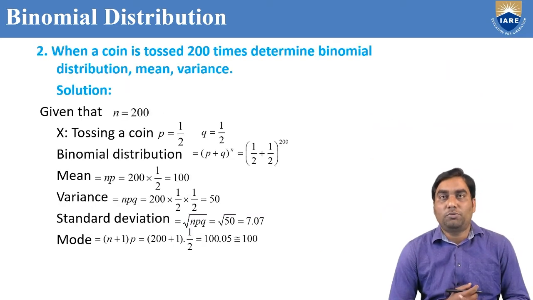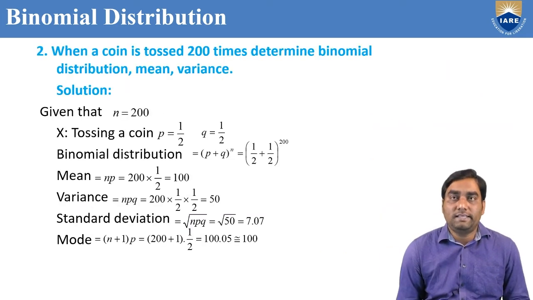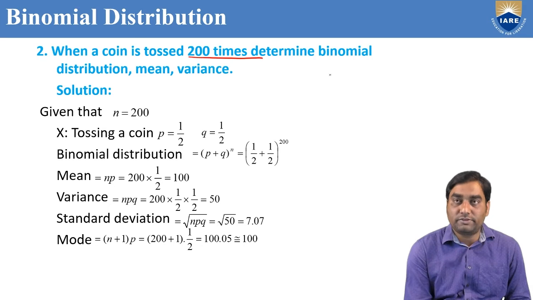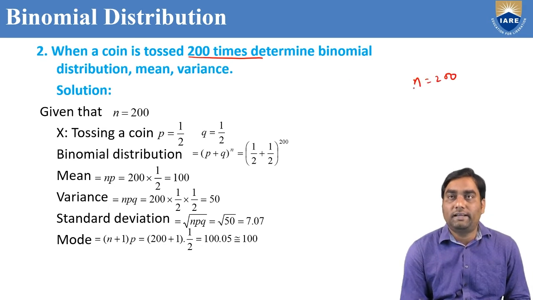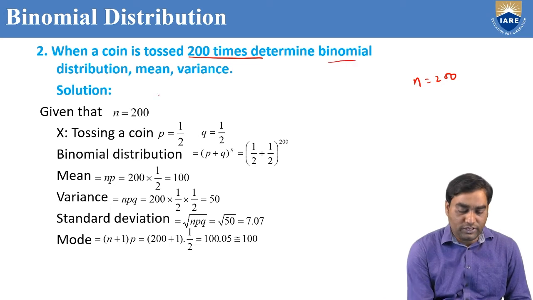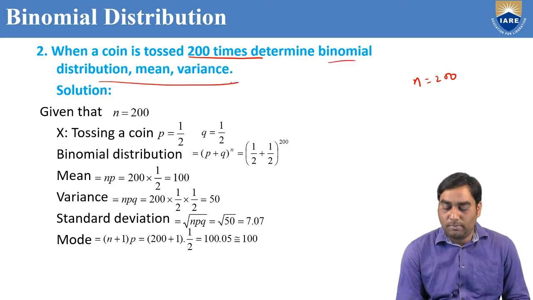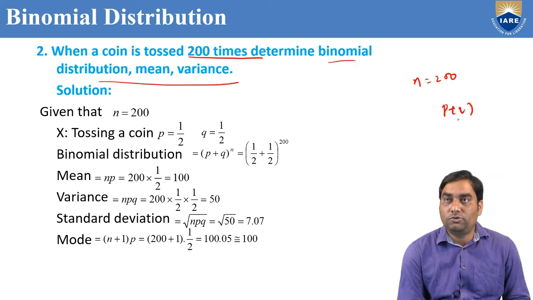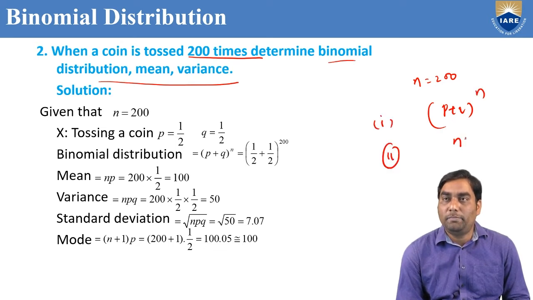Now coming to the second problem. When a coin is tossed 200 times, n equal to 200 is directly given, determine the binomial distribution, mean and variance. Binomial distribution means we need to find (p plus q) whole power n, second the mean np, and third npq.